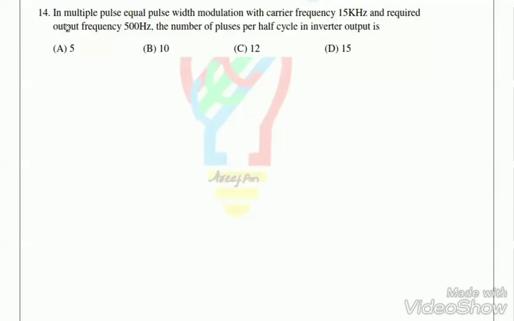Next question: in multiple pulse width modulation with carrier frequency 15 kHz and the required output frequency 500 Hz, the number of pulses per half cycle in the inverter output is. Here we have an inverter output. Inverter output is generally a square wave like this.